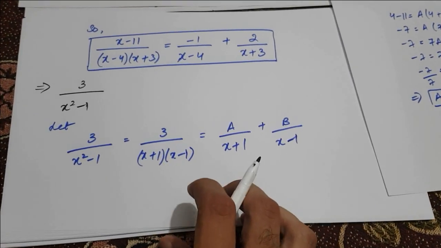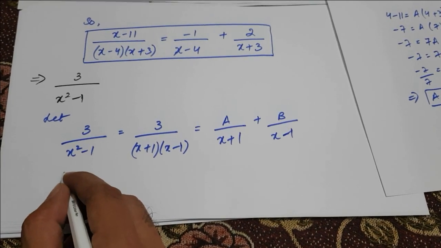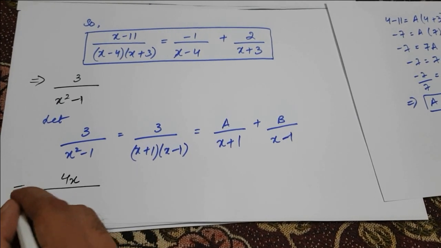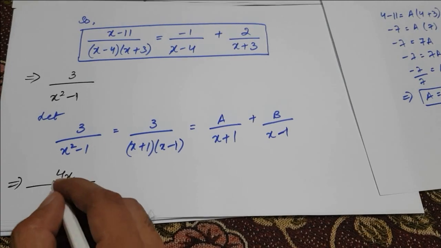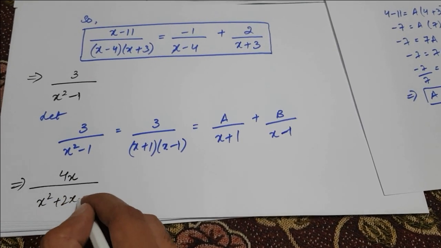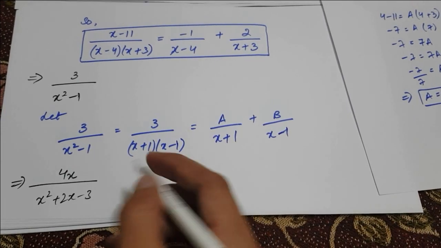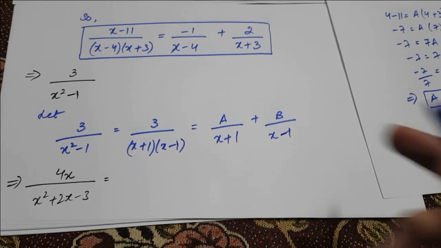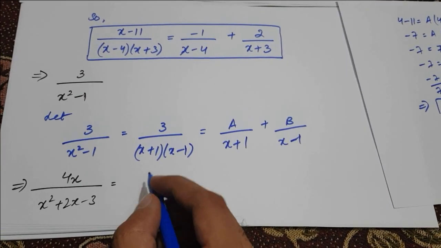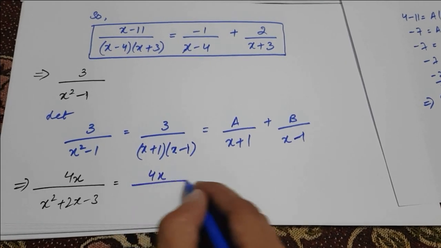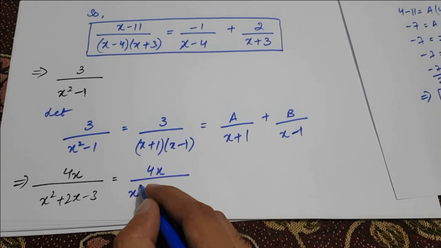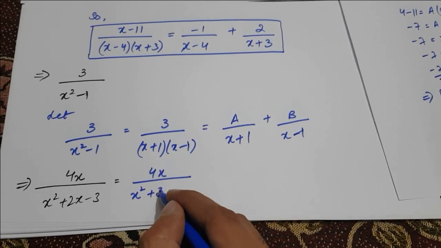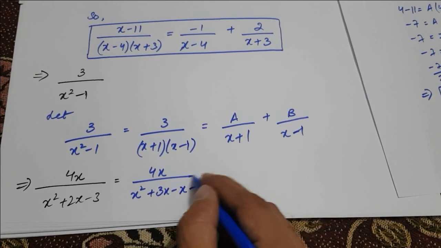Another example of reducible quadratic factors is 4x over x squared plus 2x minus 3. What you can do here is factorize the denominator, that is 4x over x squared plus 3x minus x minus 3.